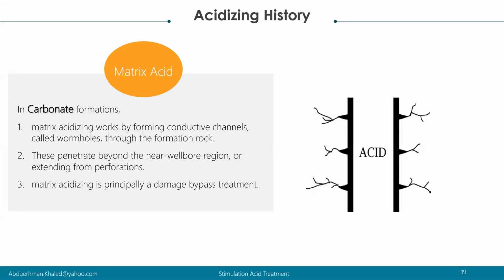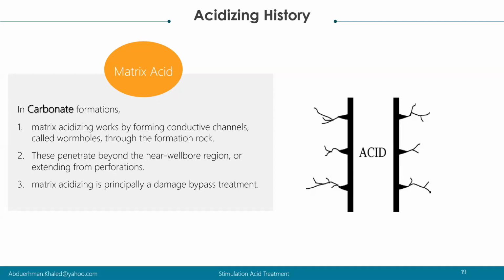When we are talking about sandstone, it won't be stimulation, but if there is damage, we're just removing that damage. But when we are talking about carbonates, the situation is entirely different, because we are actually stimulating, we are increasing the productivity, for sure.